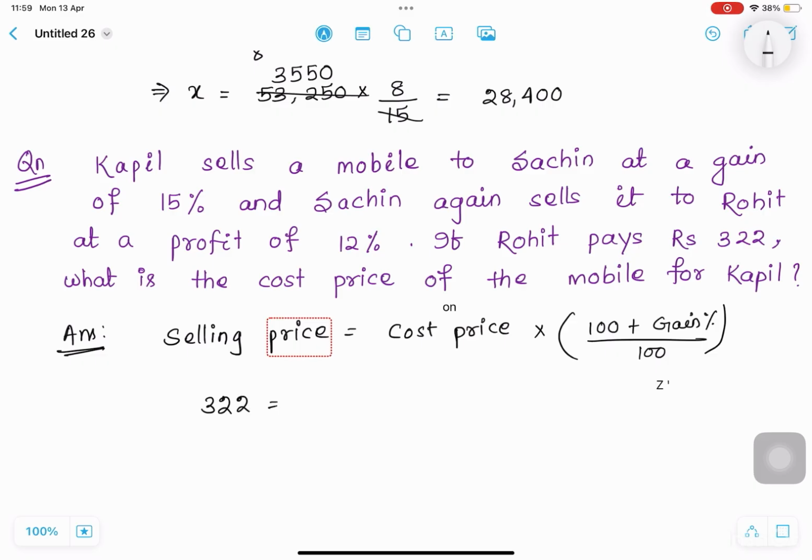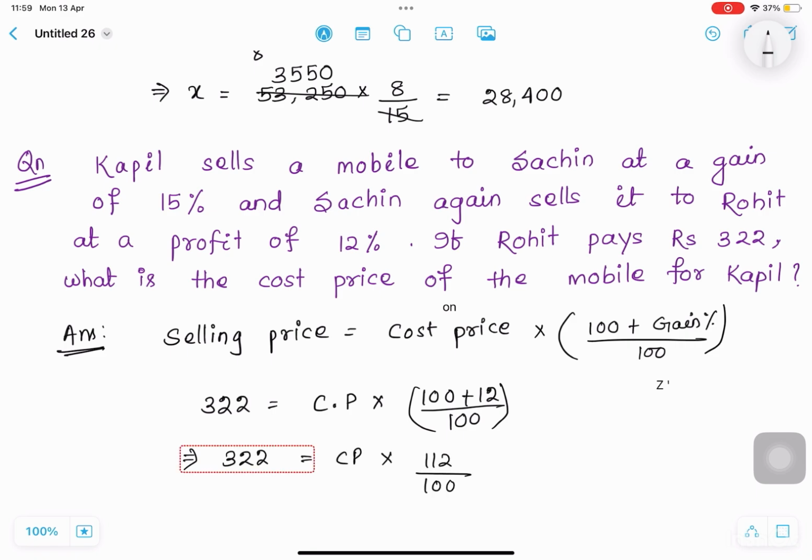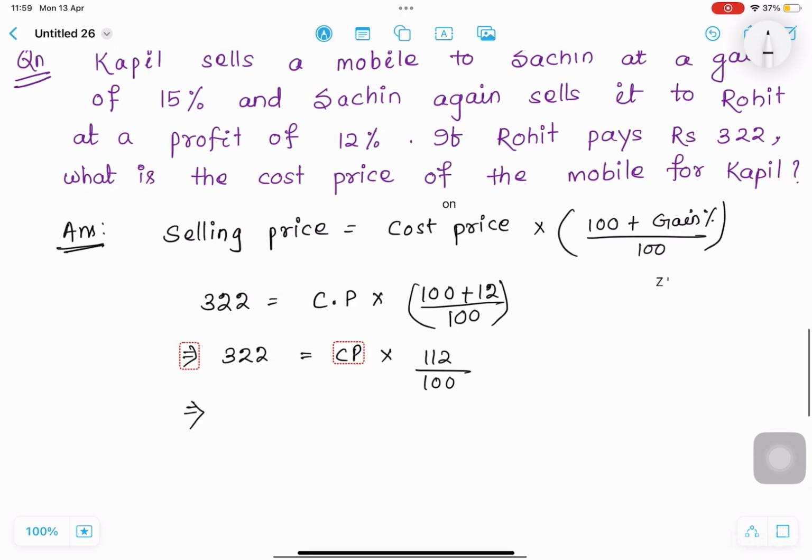Selling price here is how much? 322. Cost price we don't know, we have to find. First one is profit 12, so (100 plus 12) by 100. So I can find the cost price: 322 into 100 by 112. Means one by one I am doing.